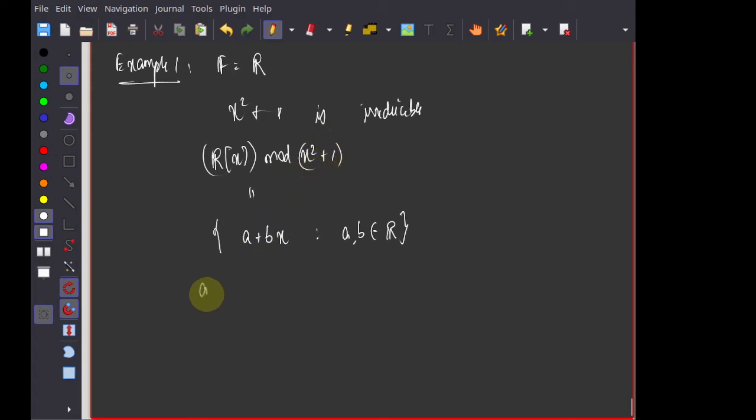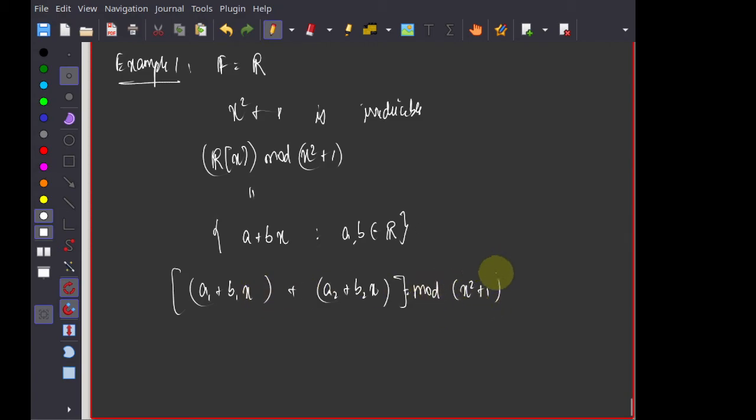So if I take a1 plus b1x and add it with a2 plus b2x, what do I get? So this is mod f(x). The sum is going to be some polynomial of degree 1.